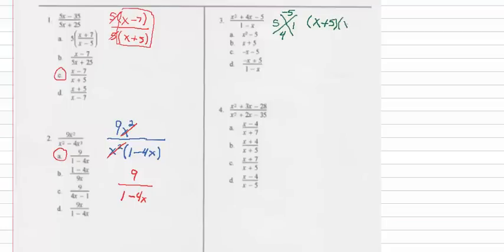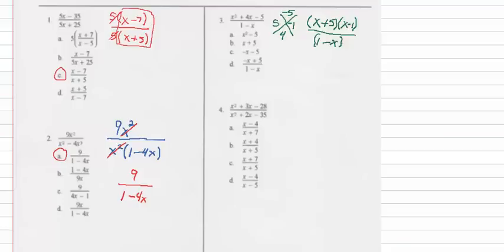Alright, then I have x, and that's going to be a negative 1. So I need to make sure I put a negative 1 there. Okay, at the bottom I have 1 and a negative x. Okay, now it looks like I can cancel, but not quite. This is a positive 1, that's a negative 1. This is a positive x, that's a negative x.